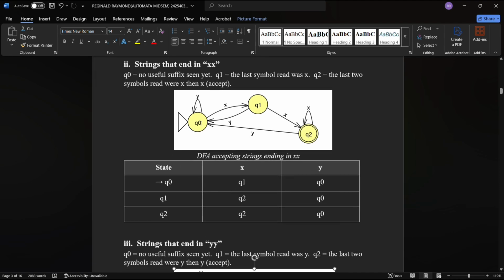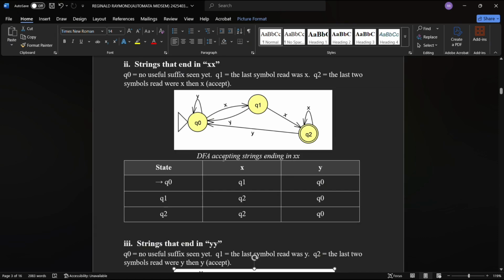So this is the initial state. This is the final state. With the initial state, you can see over here that when it's receiving X, it goes towards Q1, and when it receives Y, it comes back to Q0. That's how the machine works.